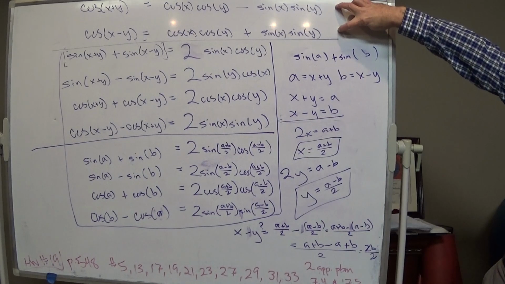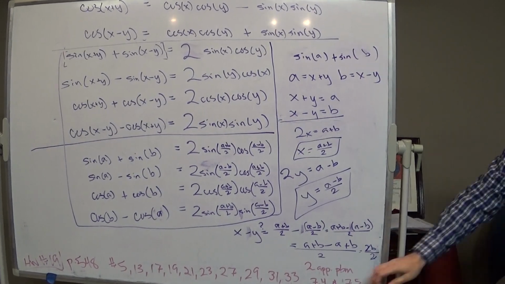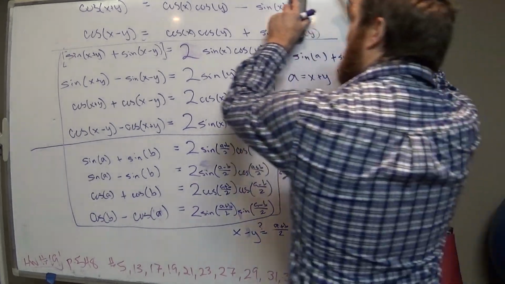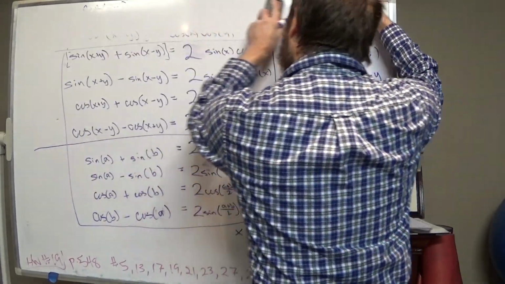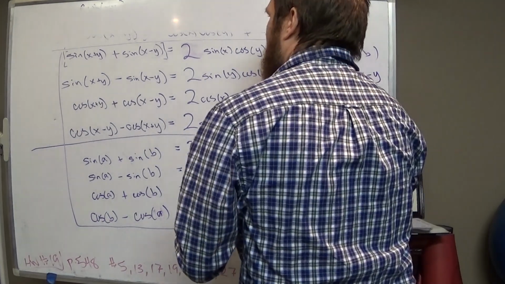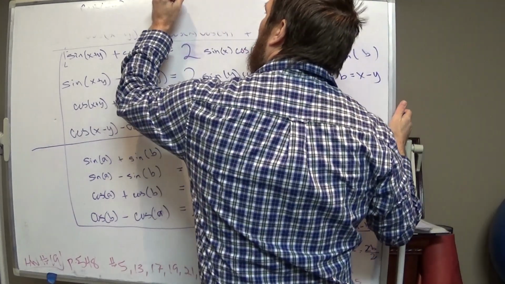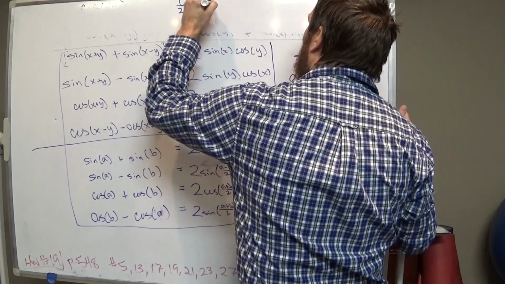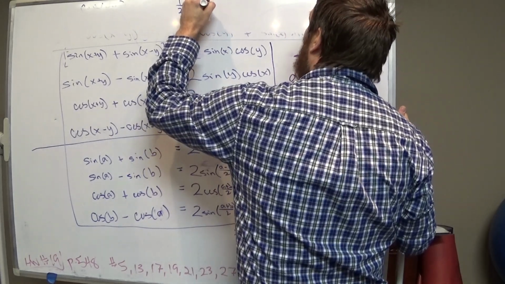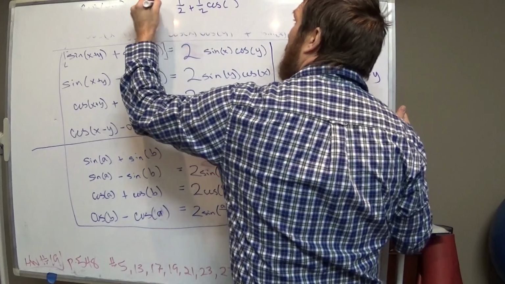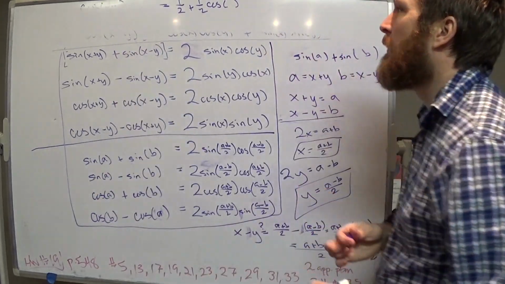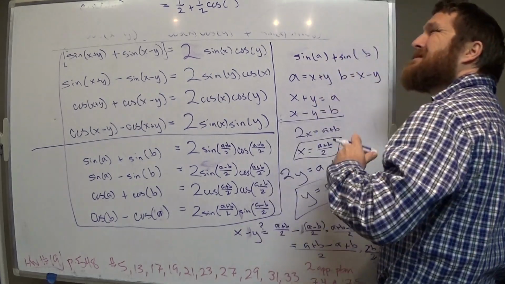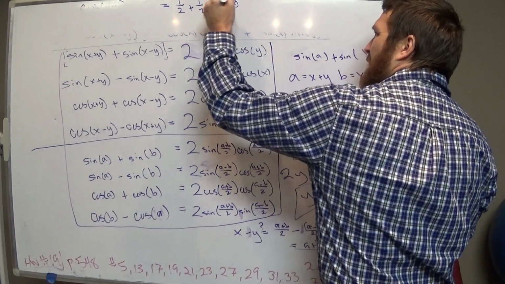These are essential that you remember. And then, real quick, what were the ones we talked about last time? It was 1/2 plus 1/2 of cosine of 2x. 2x gives you what?